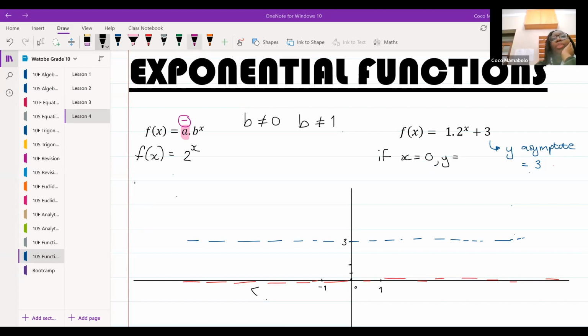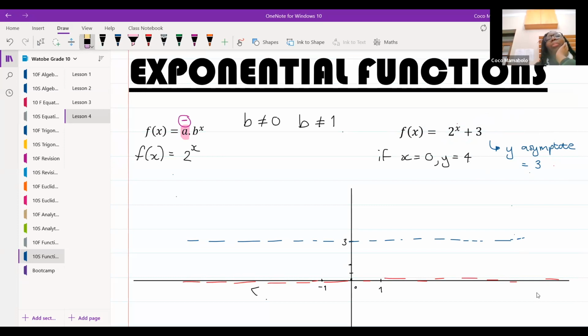Esona, be careful. I'm going to get 2 to the power of 0, which is 1. So this whole thing will be equal to 1 plus 3. Good. 1 plus 3 is equal to 4. Good. So when x is equal to 0, y is equal to 4.